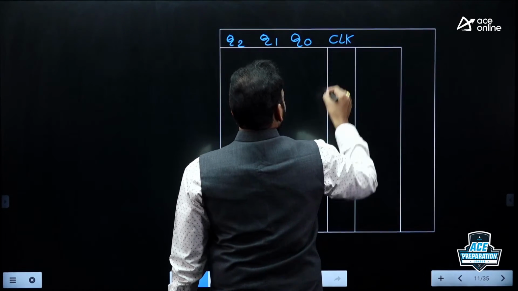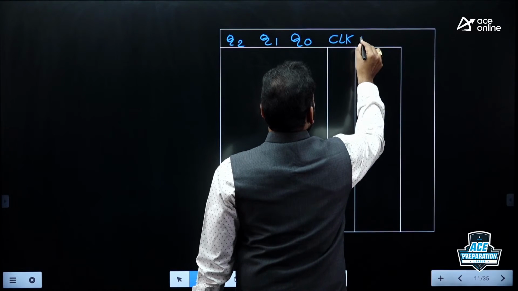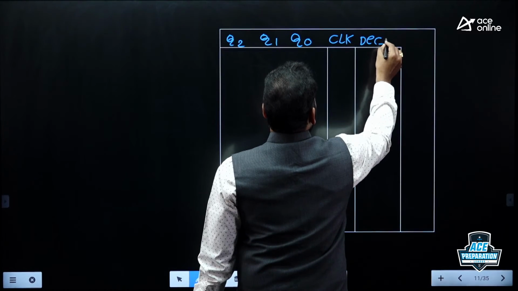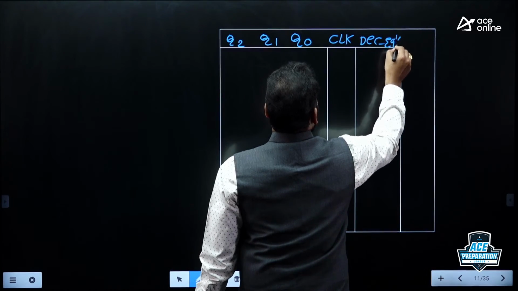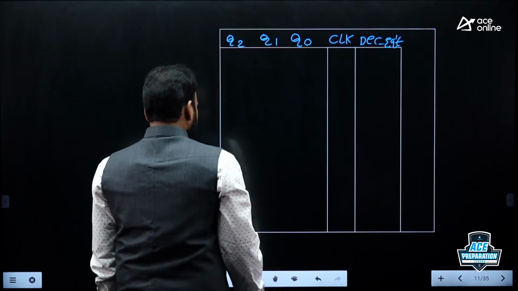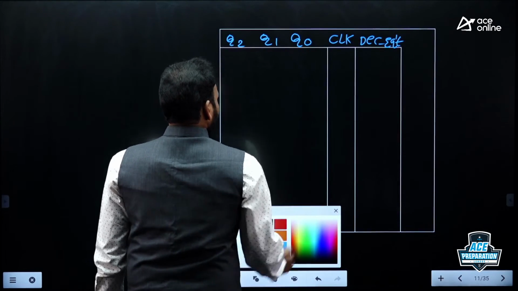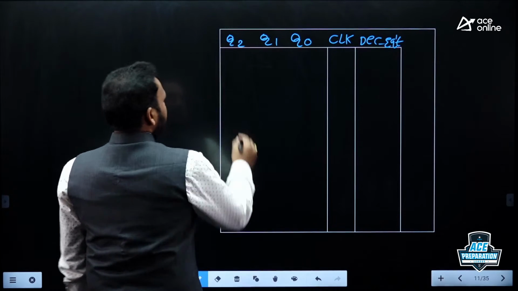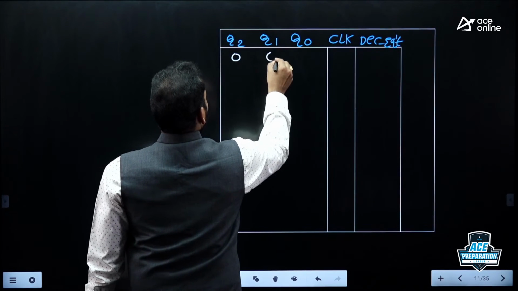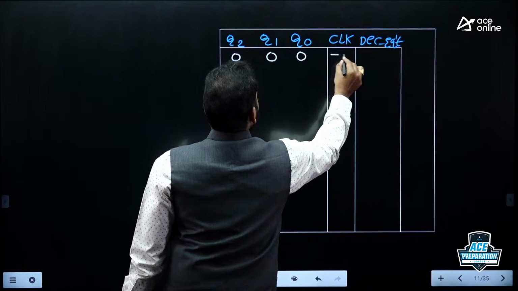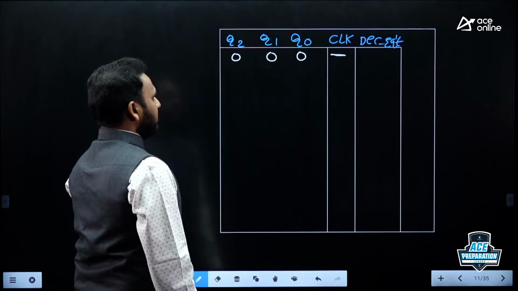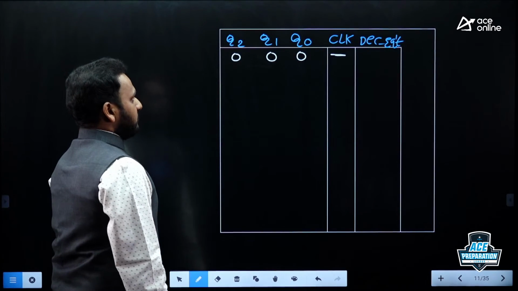This is the clock and this is the decimal equivalent. Initially, as I told you, no clocks applied. So initial state is 000.